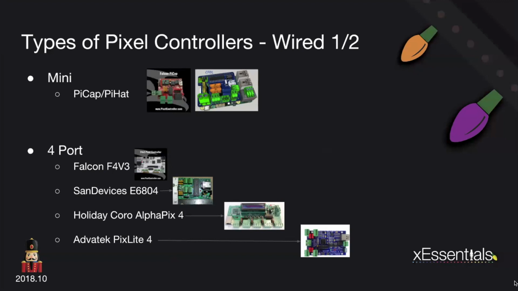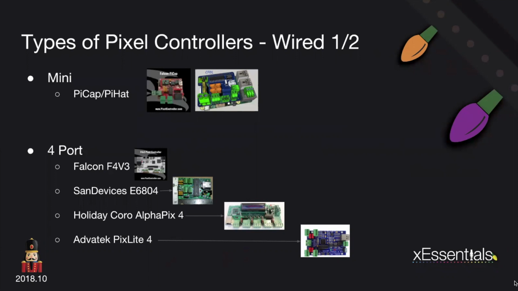They may or may not have a real-time clock, which benefits you if your Pi is not able to reach the internet. If it's on an isolated network, it will give the time accuracy needed to run FPP. And they may or may not have a DMX port. Some versions have a separate DMX port, which you can have in addition to your 2 pixel ports. So just things to look at.